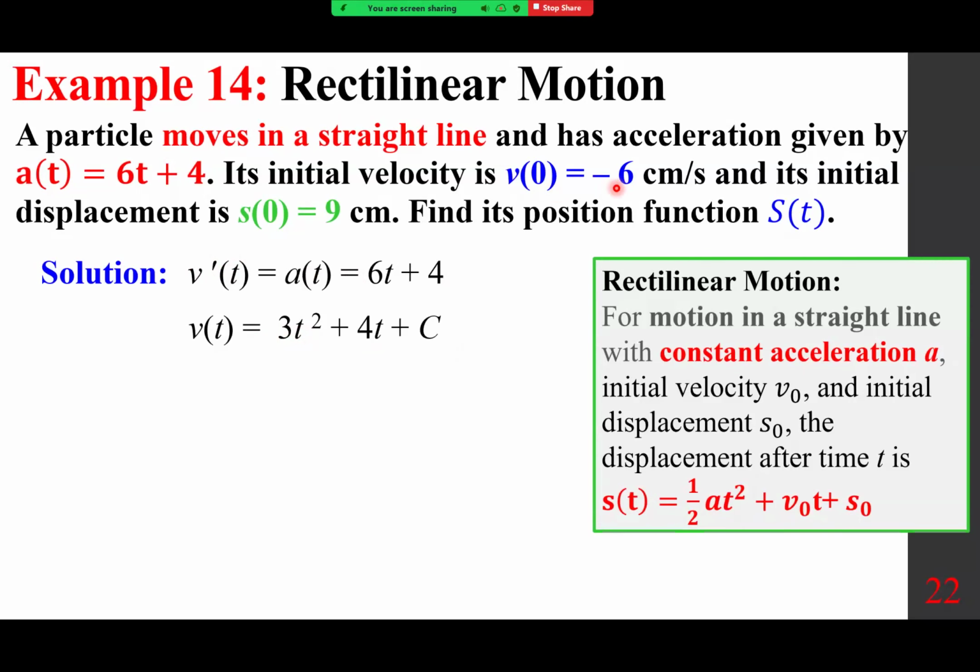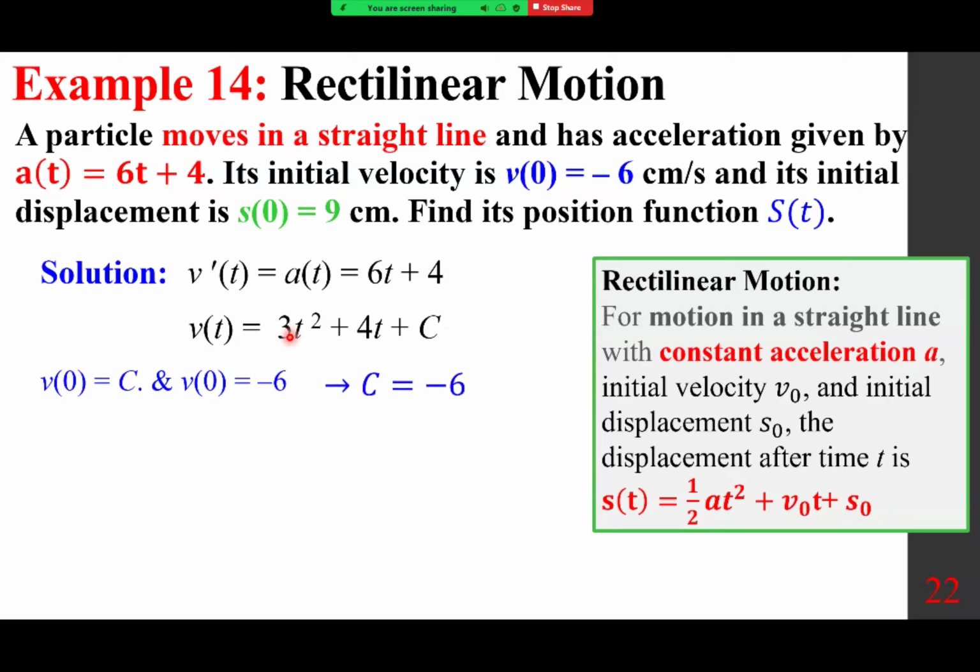Because v of 0 is minus 6, if I replace the t with 0, I can find the missing constant. If you plug in t equal to 0 here, you get c. On the other hand, v of 0 is negative 6, so c must be negative 6.